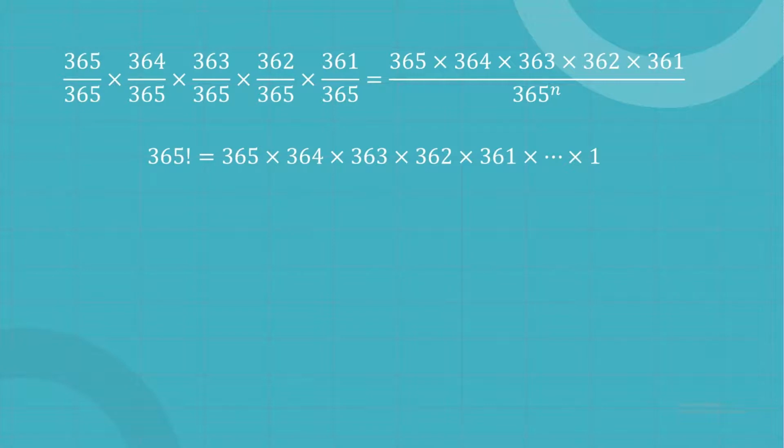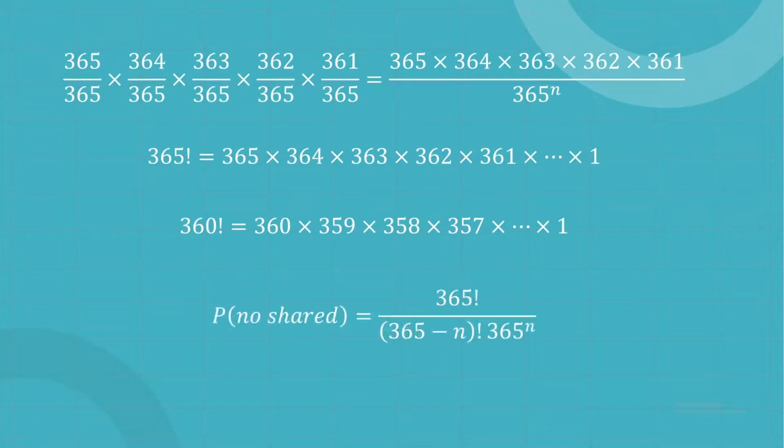However, we only want the product of the integers from 365 to 361. So, we'll divide out the extraneous numbers by dividing the factorial of 365 by the factorial of 360. Then, to generalize, we get a formula such that the probability of no shared birthday is equal to the factorial of 365 divided by the factorial of 365 minus n, times 365 to the power of n.